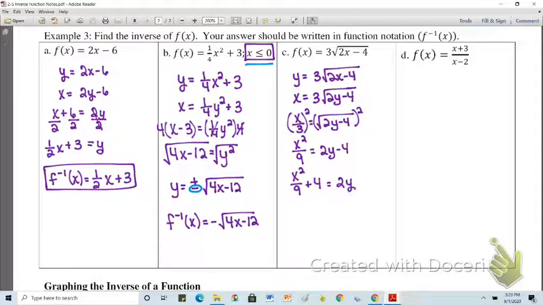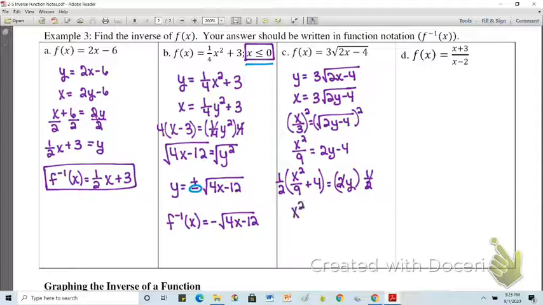And now I can divide by 2, or I can multiply by half. Those are the same thing. And since I already have a fraction over here, I'm going to choose to multiply by half. It'll make multiplying that fraction a little easier. Remember, when we multiply fractions, we multiply tops and bottoms.